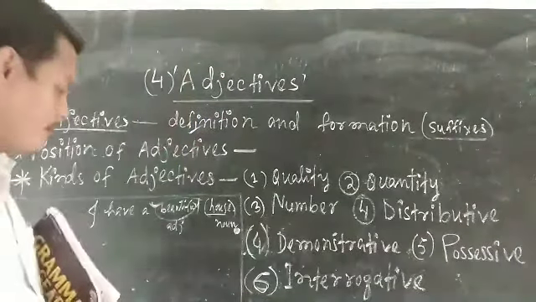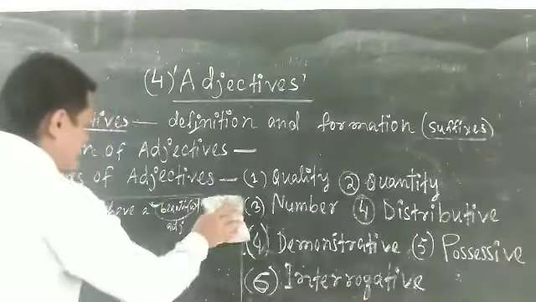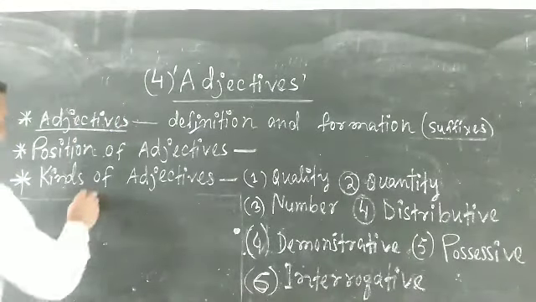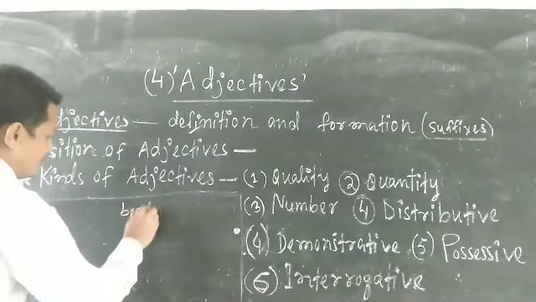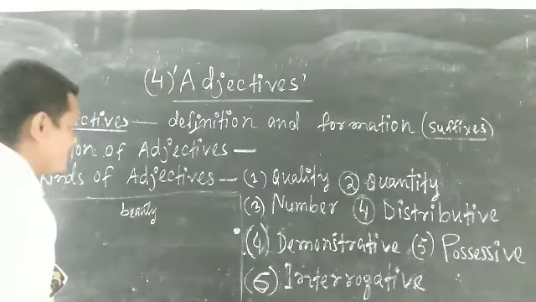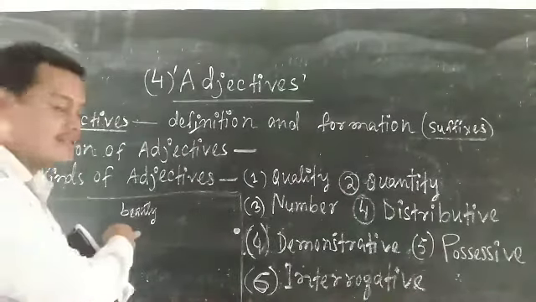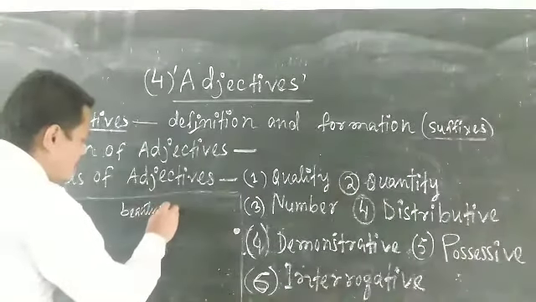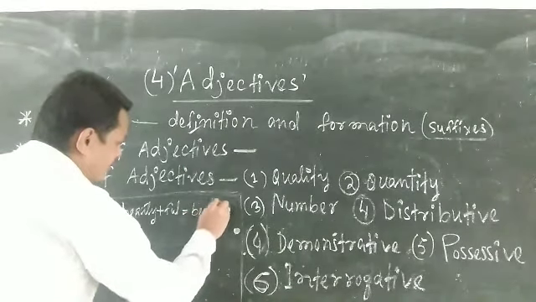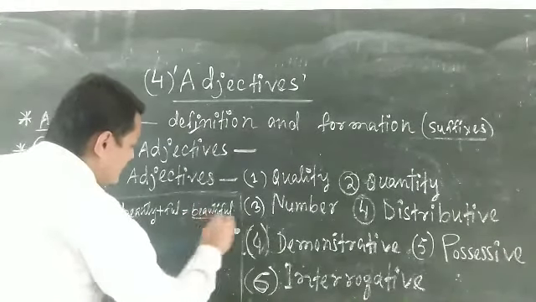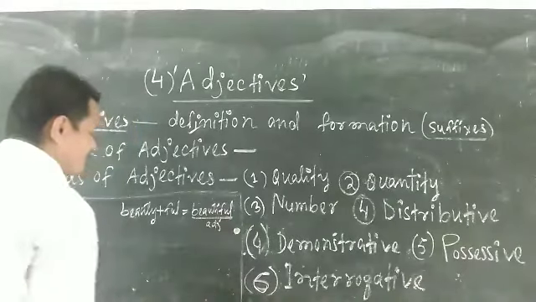For example, I can show you a word, the word beauty. You see, beauty is not an adjective. Beauty is a noun. If you put F-U-L, then it becomes beautiful. Now it is an adjective.